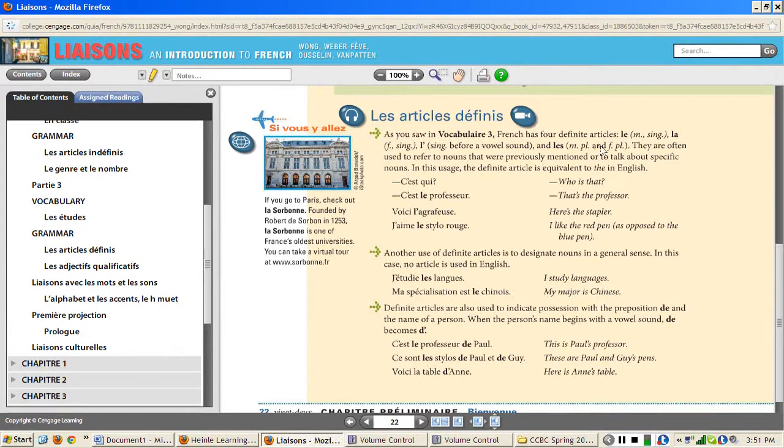And whether it's masculine or feminine, if the word is plural, you have les. That's pronounced les all by itself. Les before a consonant sound. Les professeurs, les stylos, les langues. The example here is I study languages. J'étudie les langues. But if it's before a vowel, for example, if I said les agrafeuses, les étudiants, it creates a link.